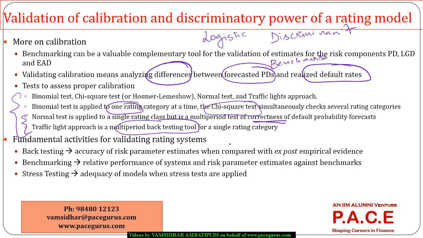Now, overall, if you are looking at validating rating systems, some of the fundamental activities are, one, backtesting, where the intention is, whatever parameter you have estimated, you want to check the accuracy of the parameter, or the level of discrepancy between the actual versus the estimated. That is one thing you are doing as part of the backtesting process. And when we are saying benchmarking, we are looking at the relative performance of the system versus the benchmark.